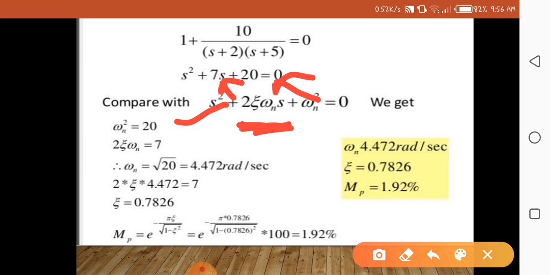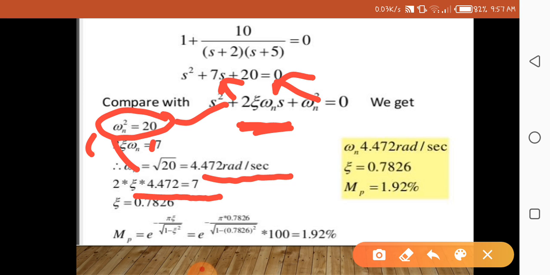So omega n is equal to root 20, that is 4.472 radian per second. Now put the value of omega n in 2 zeta omega n equal to 7. So zeta is equal to 0.7826.